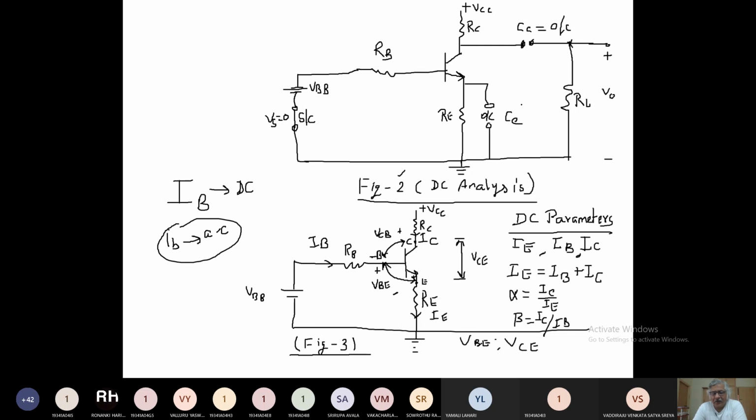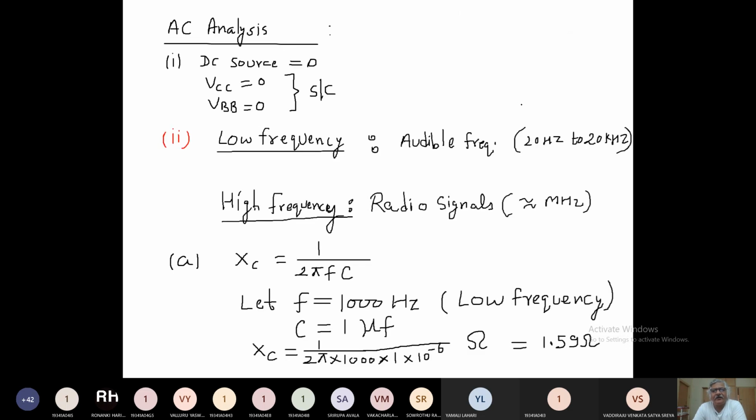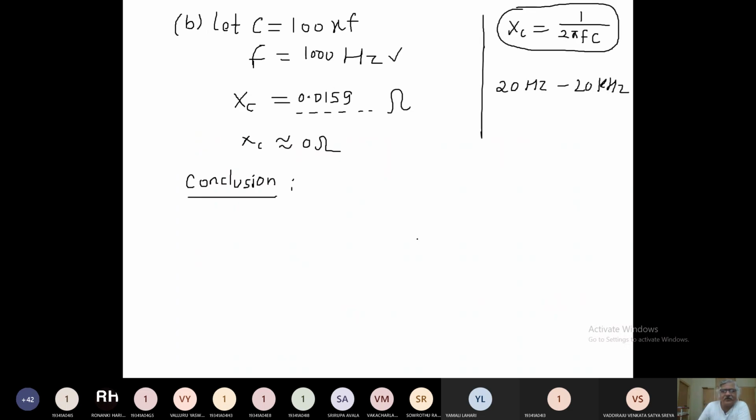But now when we are doing analysis for the AC signal, in AC we have to do the analysis for two types of signal. One is low frequency, one is high frequency. So when we are doing low frequency analysis, at that time we have to make the capacitors short circuit, right? So this is the conclusion of whatever we have discussed now.